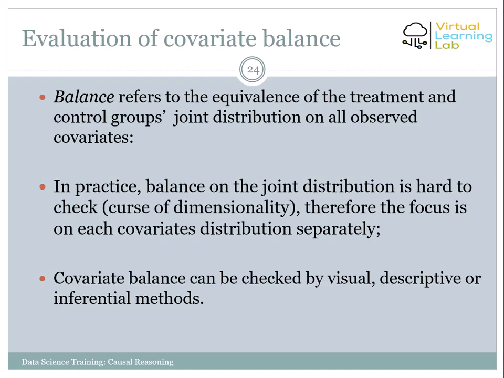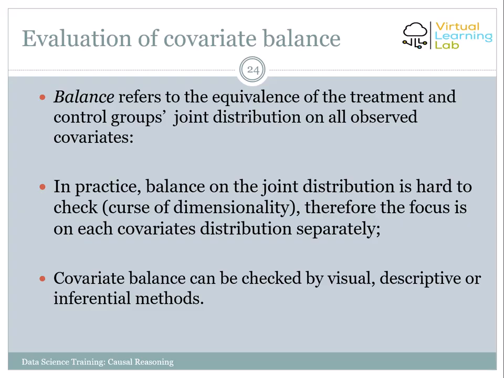After you implement the propensity score method, weighting, stratification, or matching, it's time to evaluate the success of that procedure. And this is done with evaluation of covariate balance. It consists of comparing the distribution of treatment and control for each covariate.